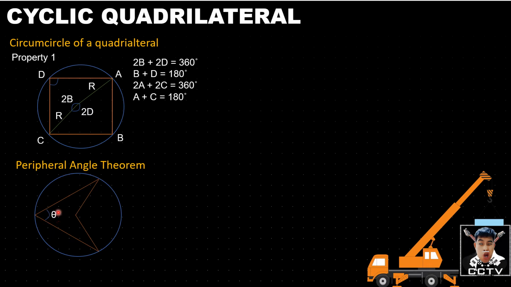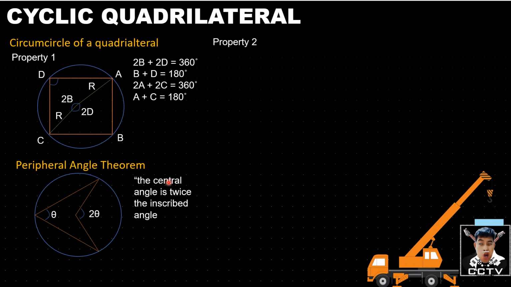Tapos, meron tayong chord, and may angle tayo. And of course, pag kinonect mo yung one end ng chord to the center, and one end ng chord to the center, twice din ang angle niyan. Ito nga, the central angle is twice the inscribed angle.